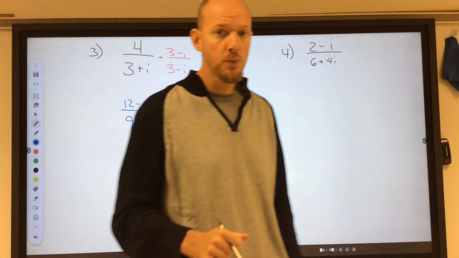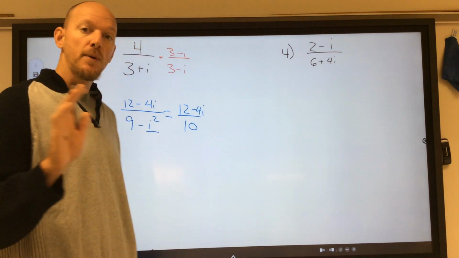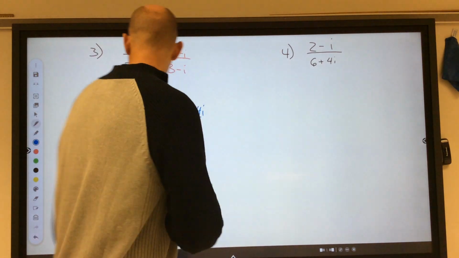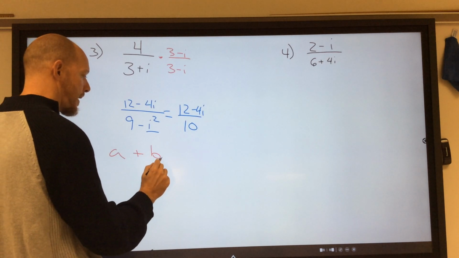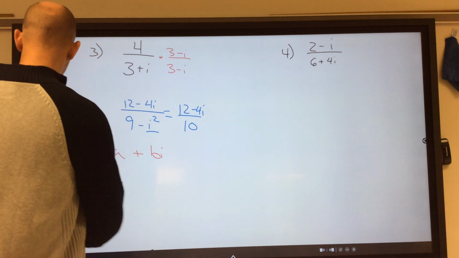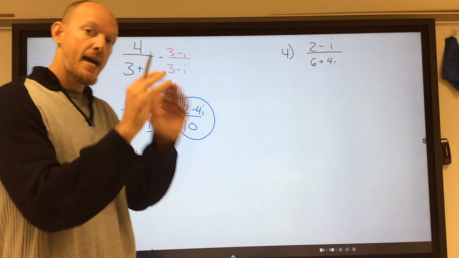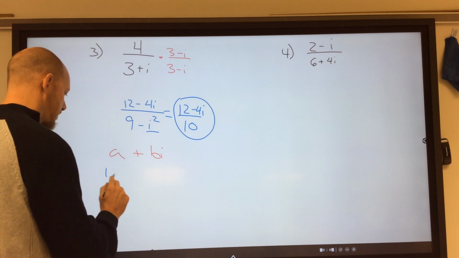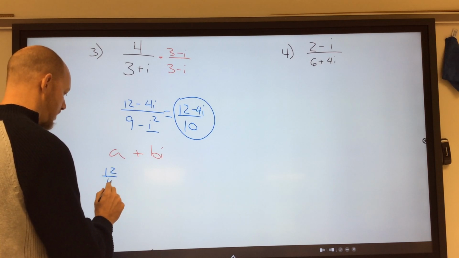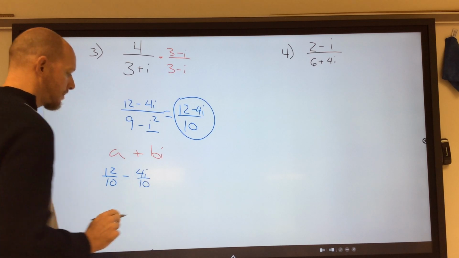Now we're pretty close to our actual answer as a complex number in standard form, but we have to remember that it states that our complex number is a real value plus an imaginary value. So I have to take this fraction and split it apart, such that I'll have 12 tenths minus 4i over 10.